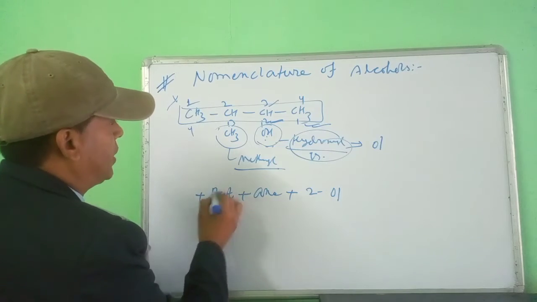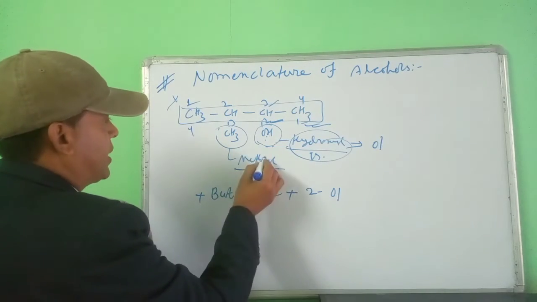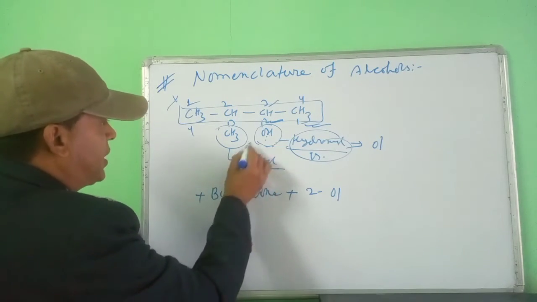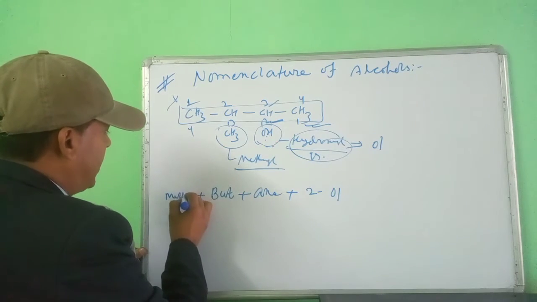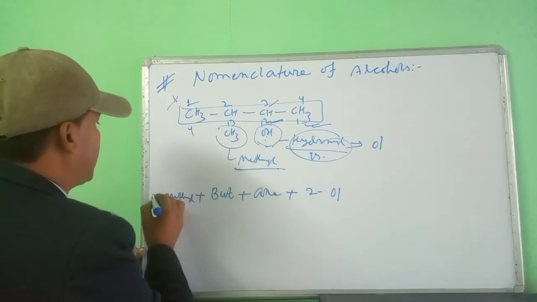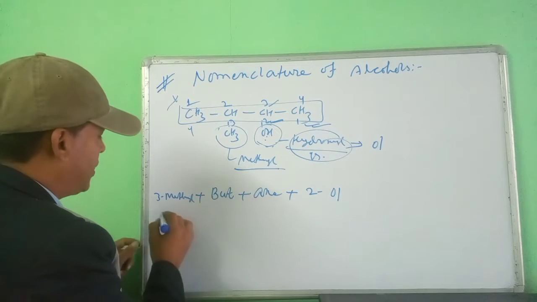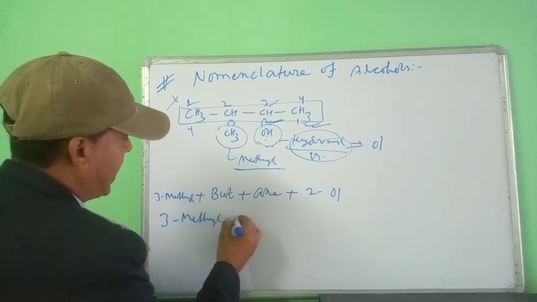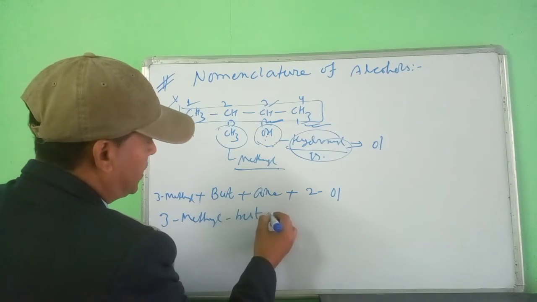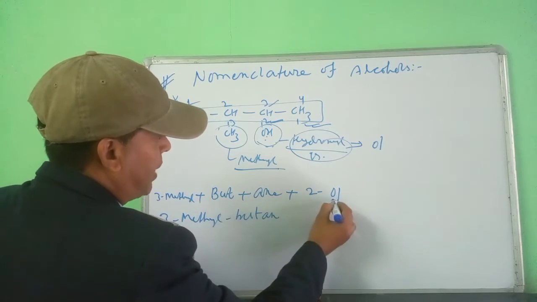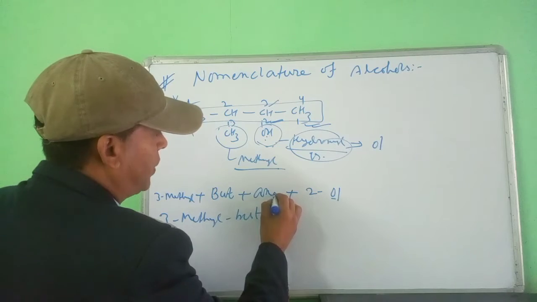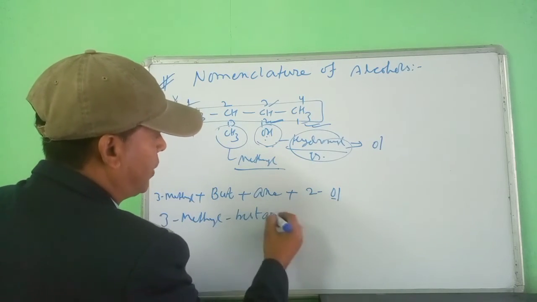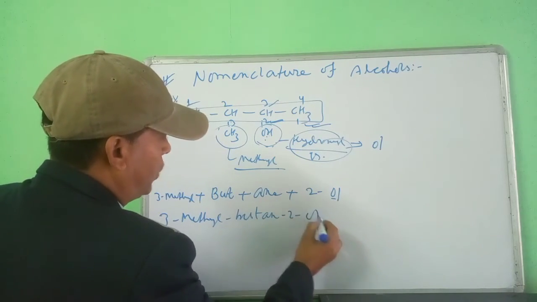Before the word root, the alkyl group is written as a secondary prefix, here methyl, and the position of methyl is 3, so 3-methyl. Finally we get 3-methyl but plus an, with e replaced by ol, since e and o are vowels, dash 2 ol.